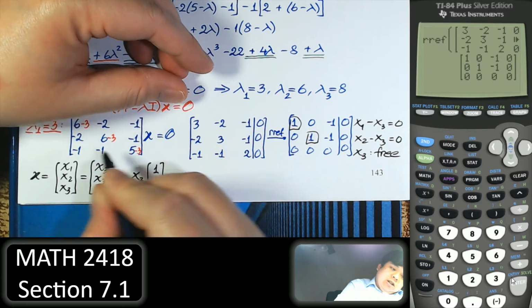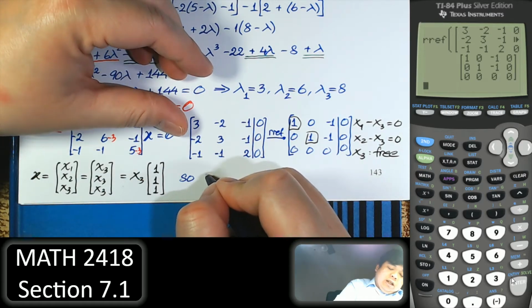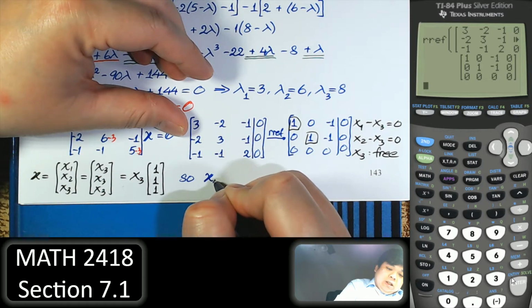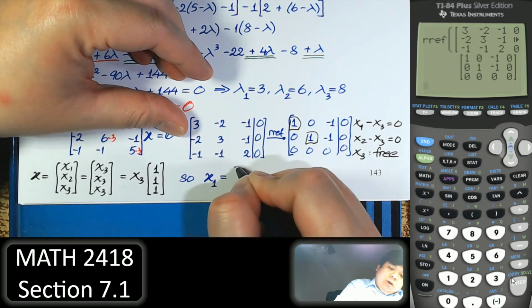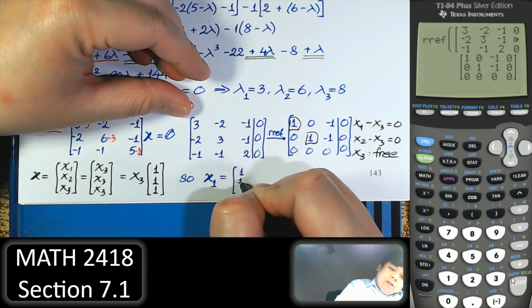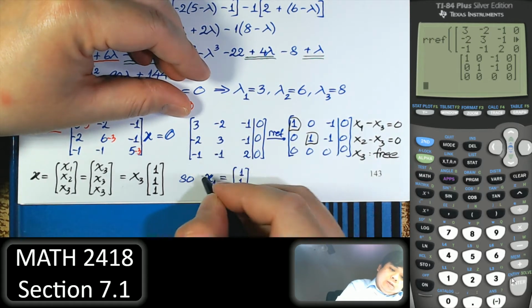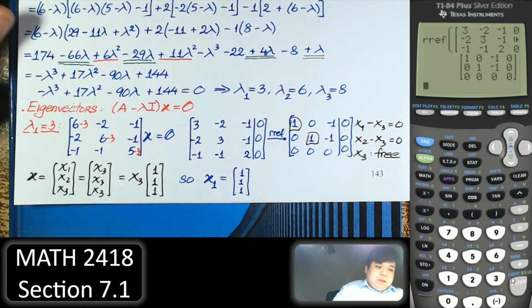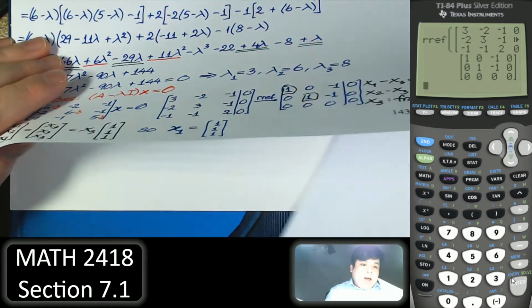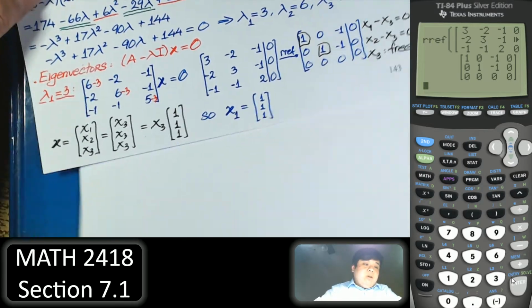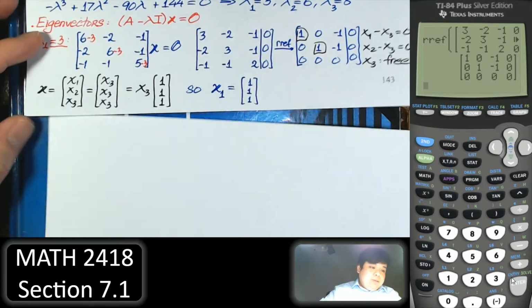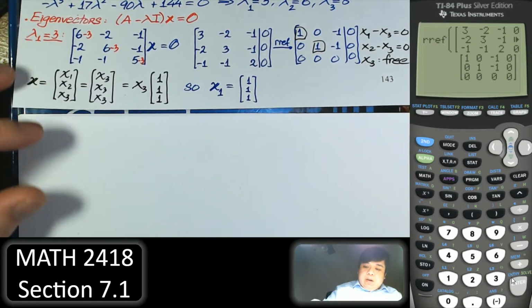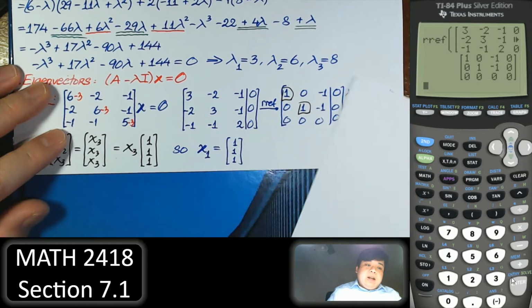So the eigenvector corresponding to lambda equal to 3 is going to be 1, 1, 1. Right, so that's the first one. There will be space in the next page. Similarly, we find eigenvectors for eigenvalues of 6 and 8.